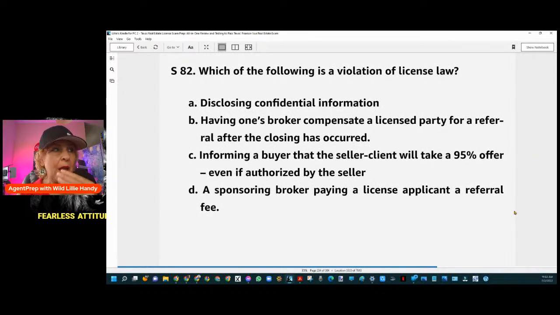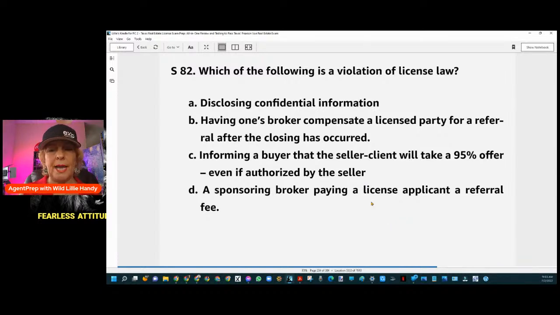Number 82. Which of the following is a violation of license law? A, disclosing confidential information. B, having one broker compensate a licensed party for a referral after the closing has occurred. C, informing a buyer that the seller client will take a 95% offer even if authorized by the seller. D, a sponsoring broker paying a licensed applicant a referral fee.